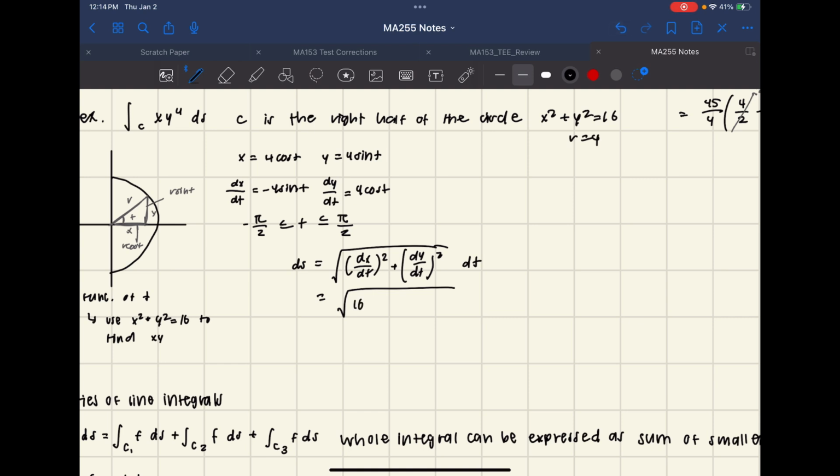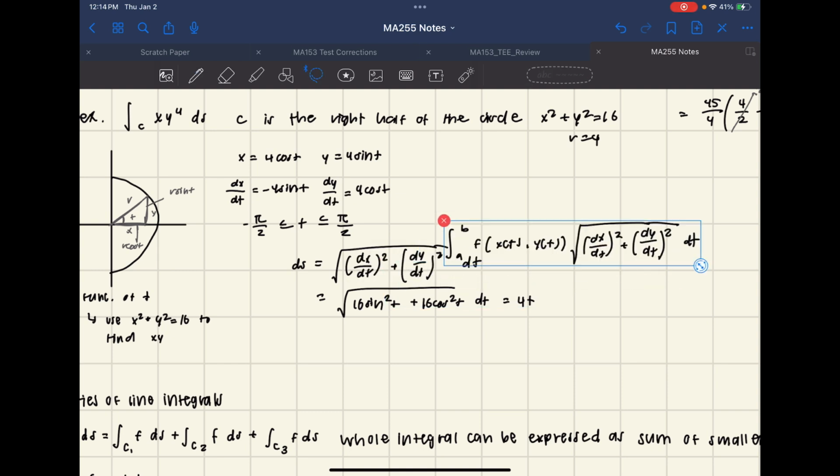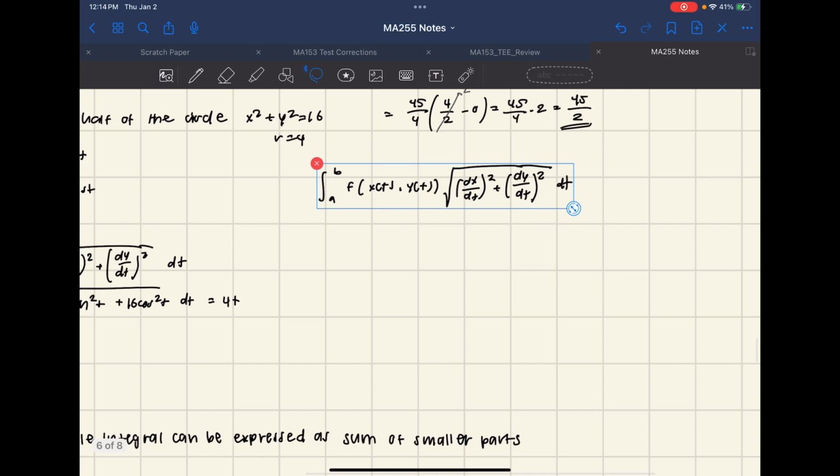And distribute, and then we can plug them into our formula. Just write it up to make it more clear. We're evaluating from -pi/2 to pi/2.